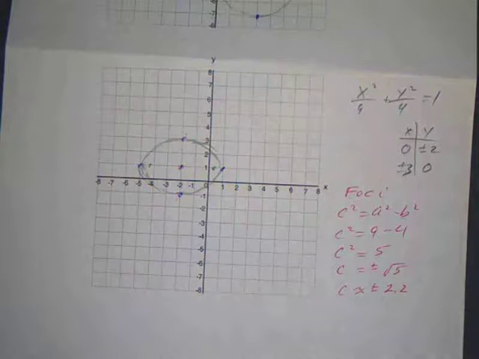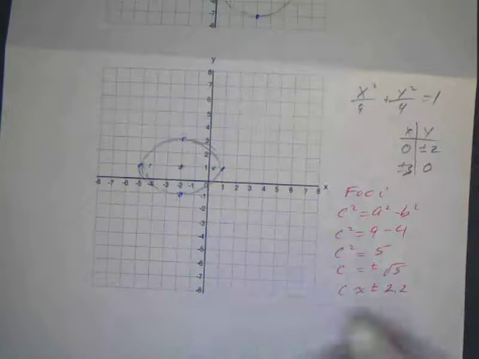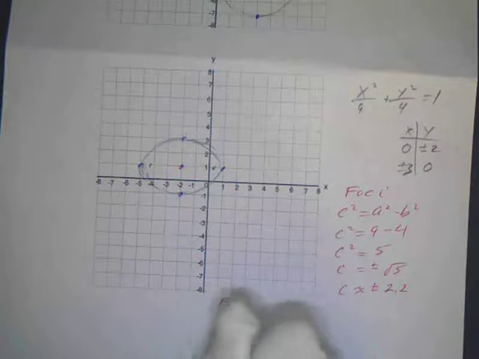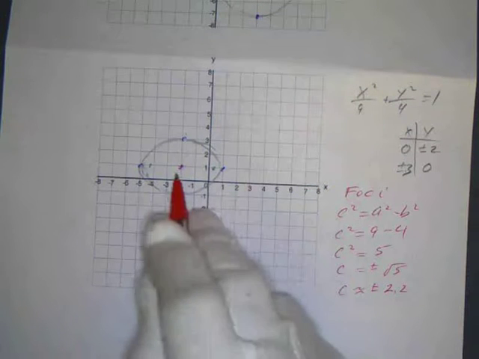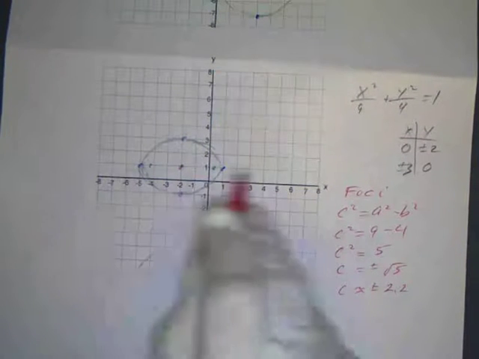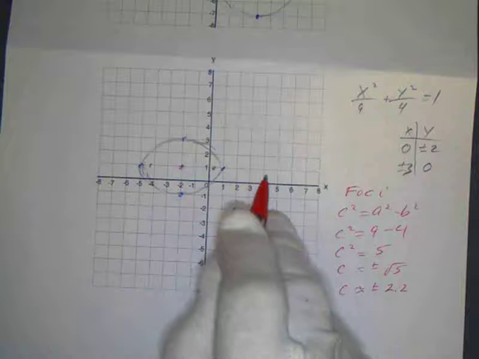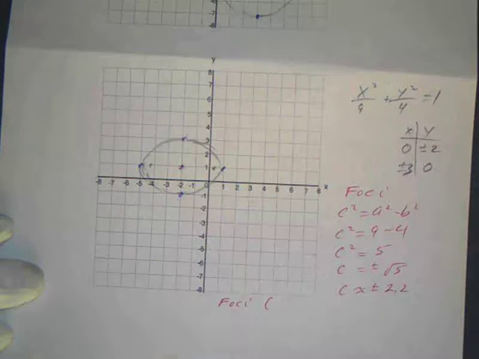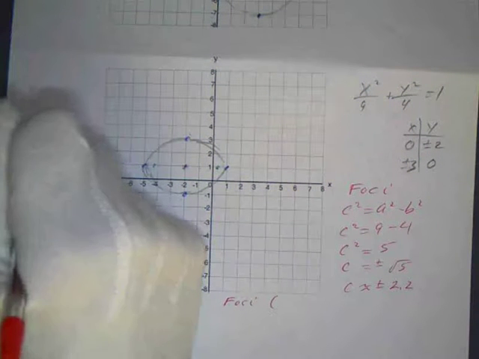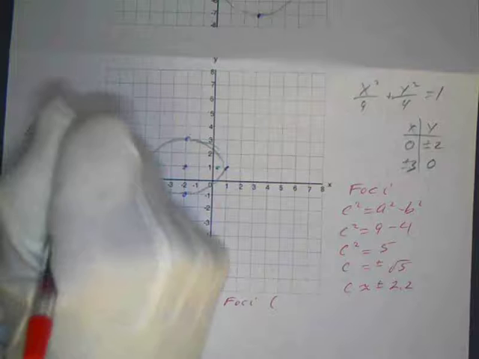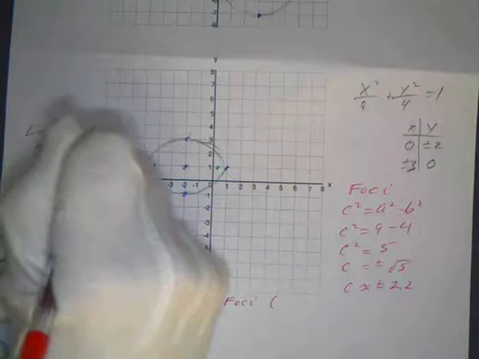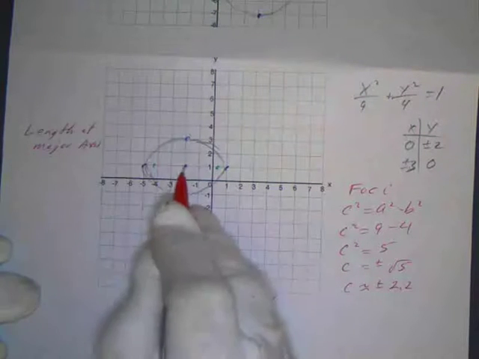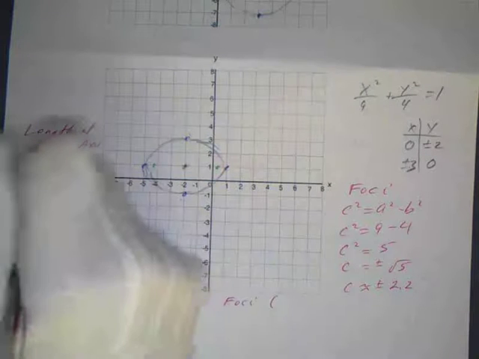So I can find the coordinates of the foci. Put that down here. They're going to have the same y value, because they're going to be on the major axis. Remember, this is the major axis. I should write over here: length of the major axis. And that's going to be 1, 2, 3, twice, 6.